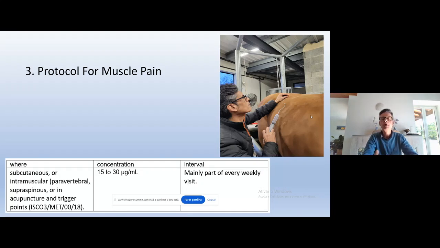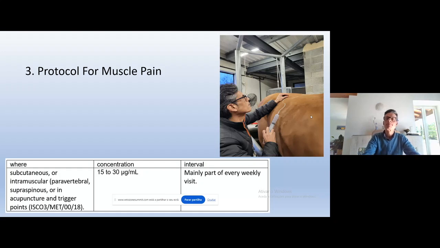So probably, being logical, I think we tend to use higher concentrations on acute cases, and as the case goes to chronicity, we should, like in wound treatment, lower our dose in order to go to concentrations of 10 or 15.